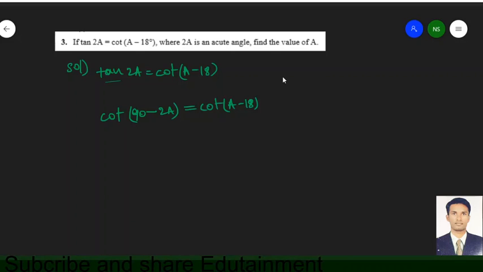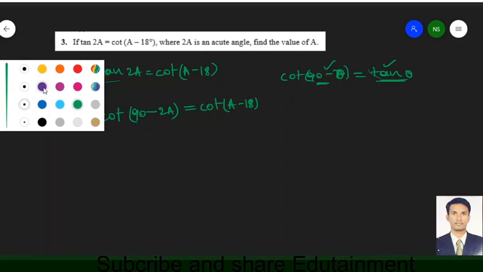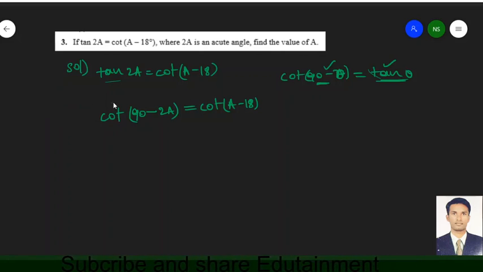I have a formula: cot 90 minus theta, or any angle, is equals to tan theta. If I have this one, I can write this one. Initially in the question they have given tan theta, so I can write now cot 90 minus theta. Now I can remove the cot on both sides.